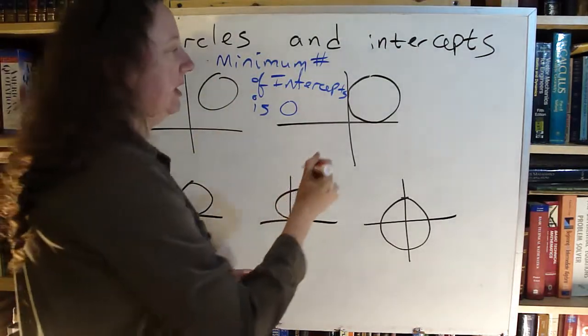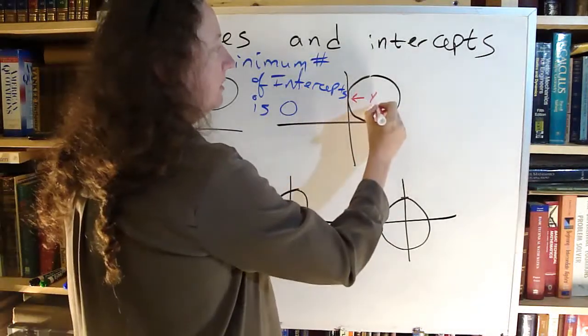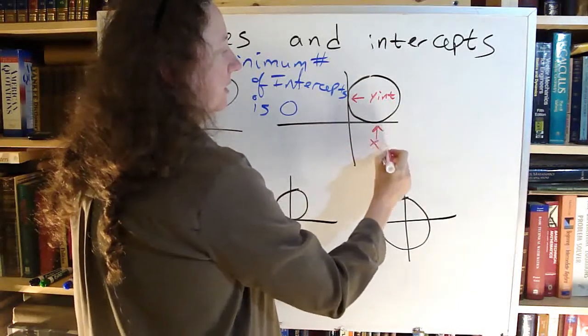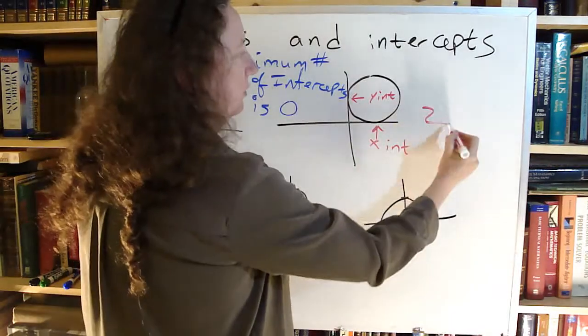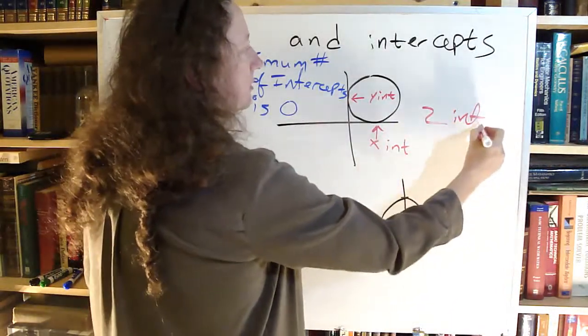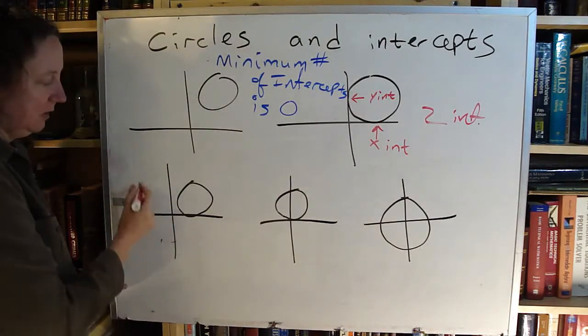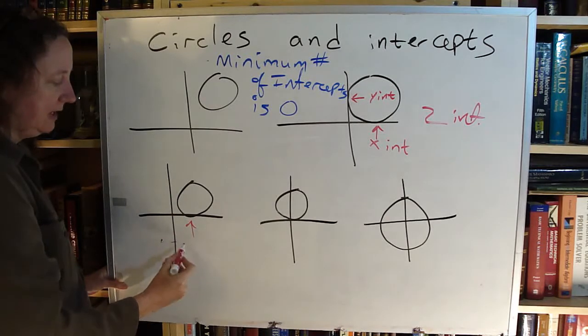Let's look at a few examples. Here we have a y-intercept and an x-intercept. So that has 2. Over here on this one, no y-intercepts, but we do have an x-intercept.